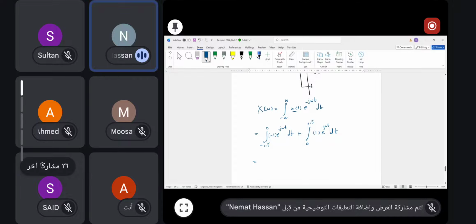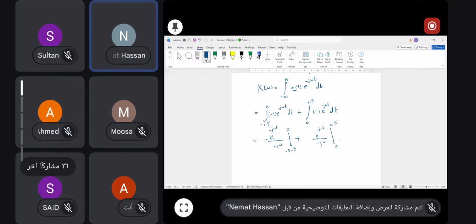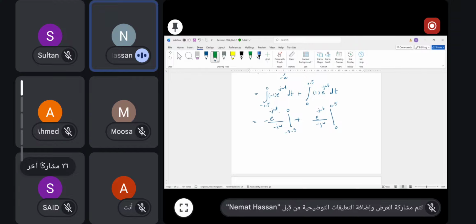The integral of an exponential function is the same exponential, e power minus j omega t divided by minus j omega, multiplied by minus 1, with a range of 0.5 to 0, plus the integral of e power minus j omega t over minus j omega from 0 to positive 0.5. And then all you have to do is substitute in place of your variable t your integration limits.